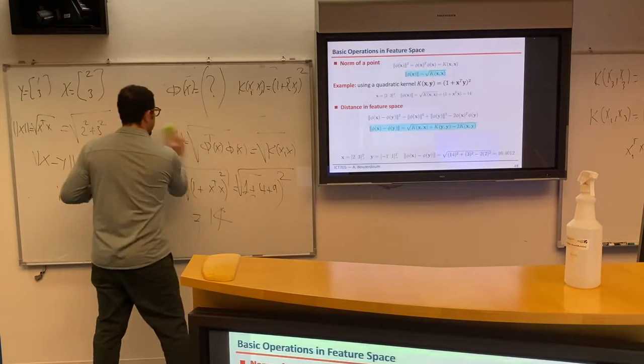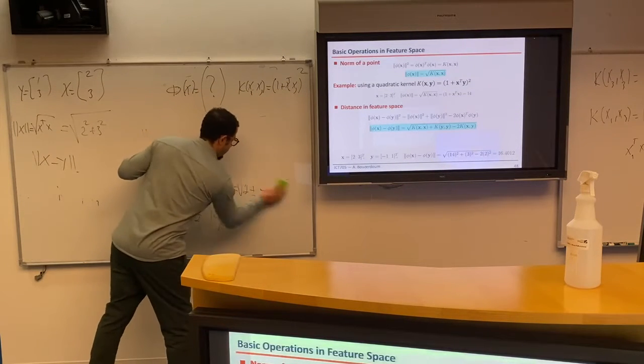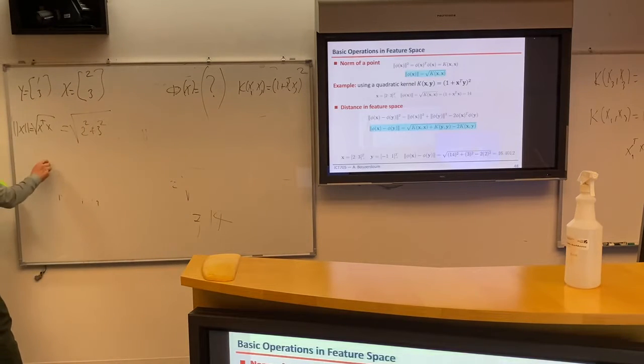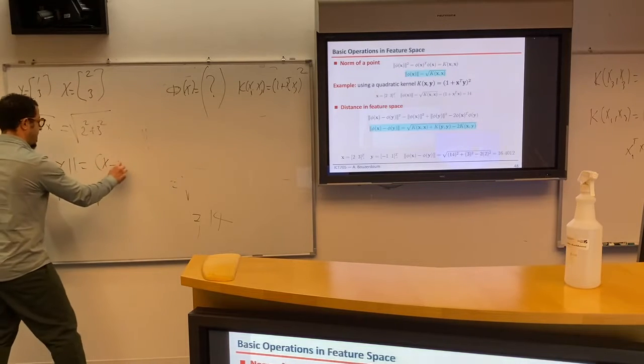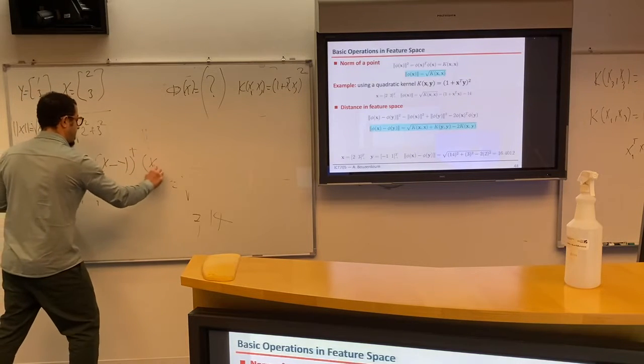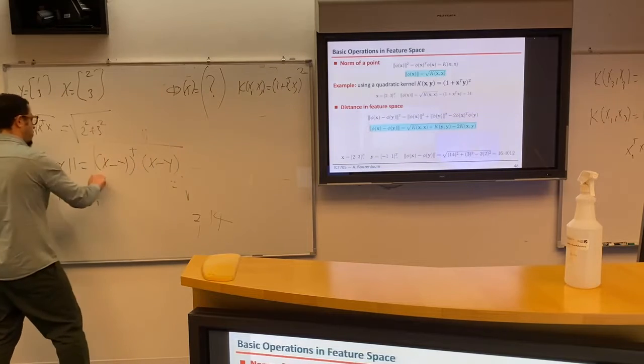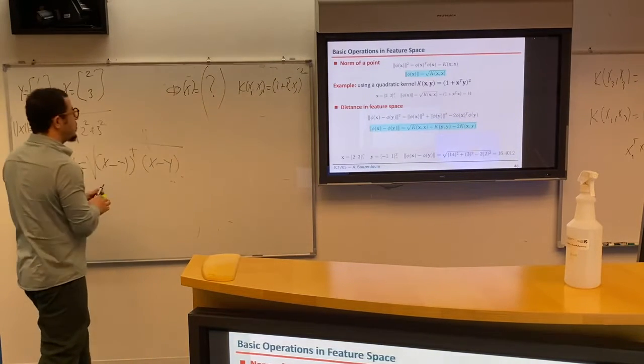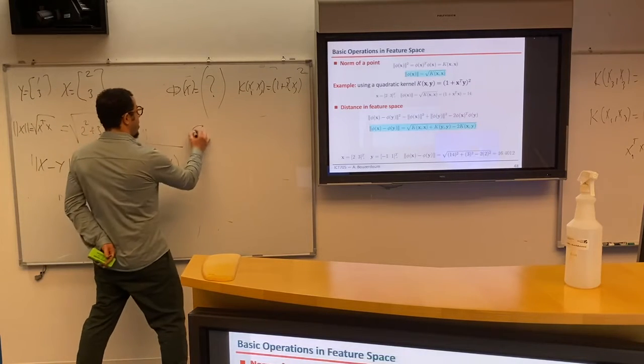It is not squared, right? Let me do it in the matrix way, better. So x minus y, what is the distance here, please? It's x minus y transpose times x minus y, right? This squared, we do the square root, right? Yes? Now we are going to the new space. What is the distance of this one?